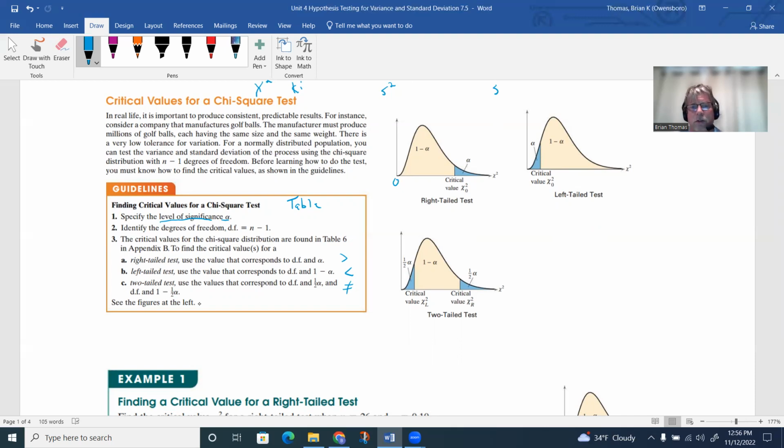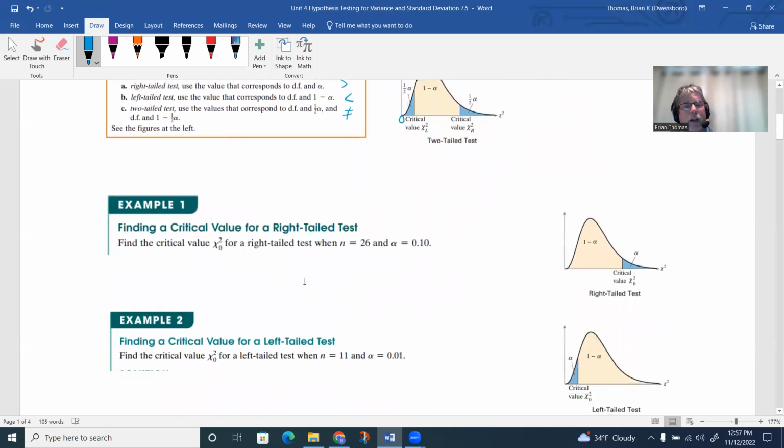When we do the chi-squared test, all the critical values are going to be positive. So everything's going to start right at 0, and things have a little bit of a different look as we do this. So keep that in mind: 0 is over here on the far left, and all of our critical values are going to be positive as we move forward.